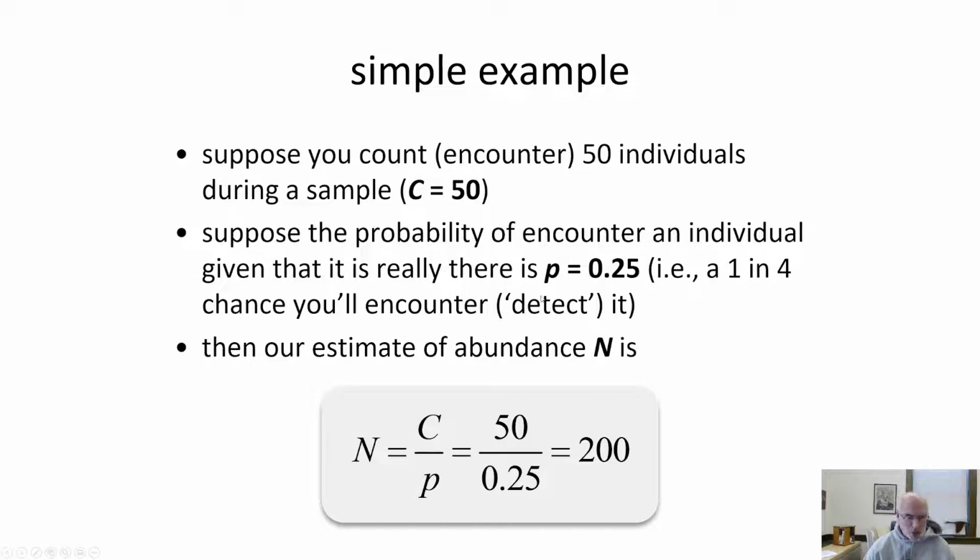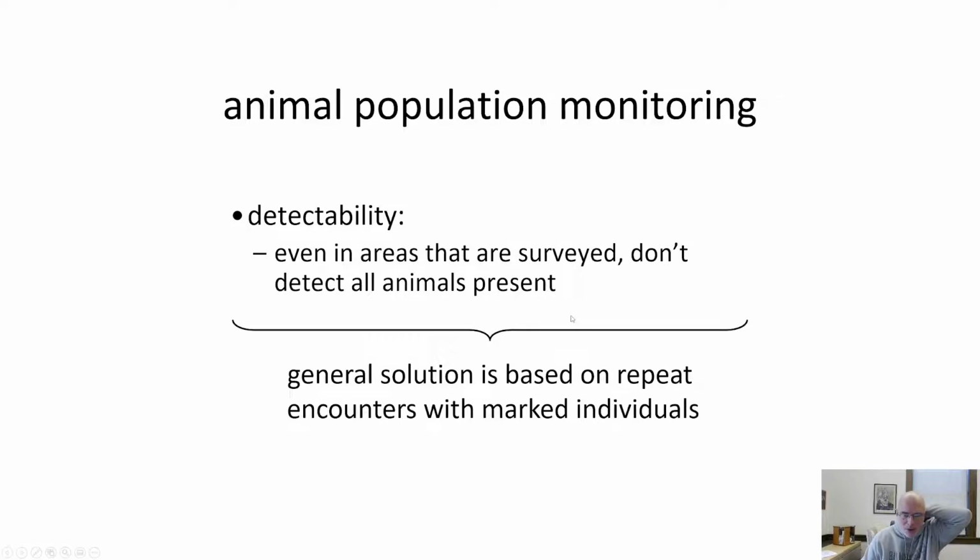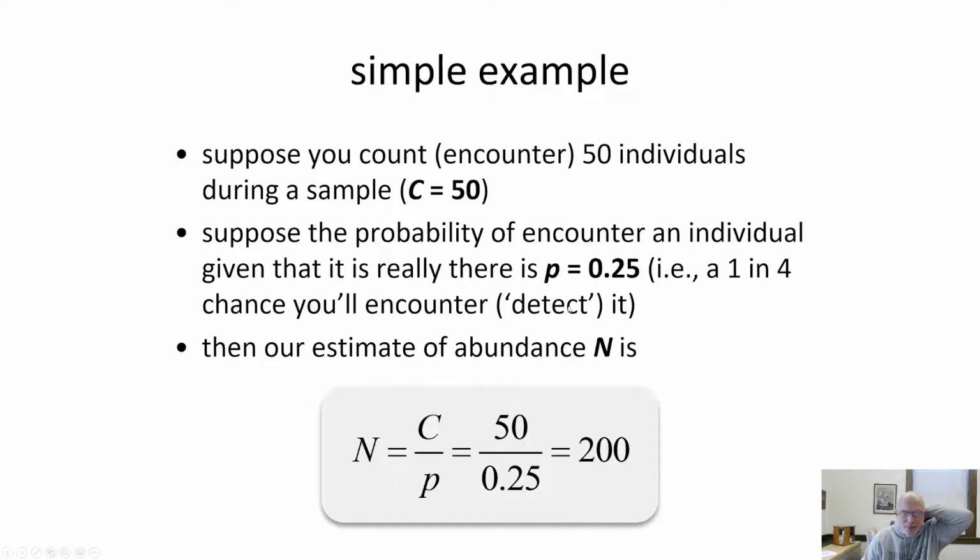So you're wandering through your forest or the field or wherever you're doing your study, and there's a 1 in 4 chance that the animal who's actually there, that you're going to detect it. Okay. So given those two pieces of information, your estimate of the abundance is simply the count, 50, divided by the detection probability, 0.25, which equals 200.